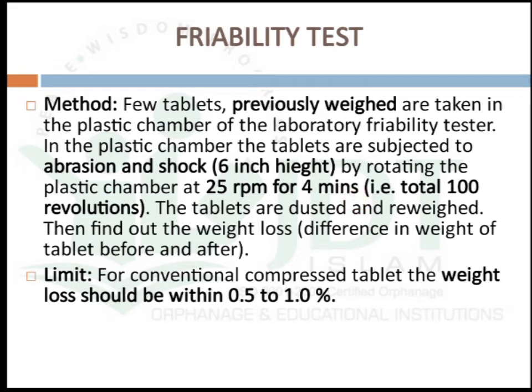Then the tablets are dusted and reweighed, and we find the weight loss by determining the difference between the weight of the tablets before and after the 100 revolutions. For a conventional compressed tablet, the weight loss should be within the range of 0.5 to 1%.